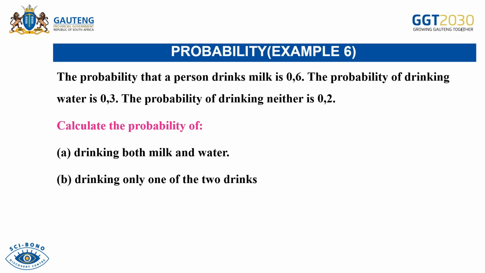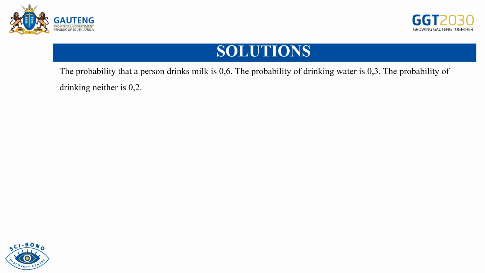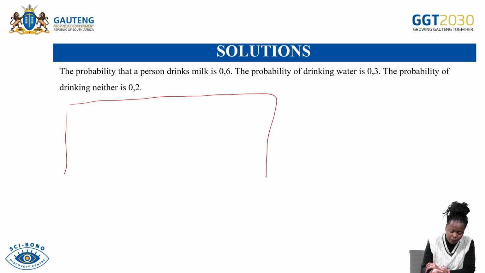So I want you firstly to draw the Venn diagram for me. So the probability that a person drinks milk is 0.6 and the probability of drinking water is 0.3. The probability of drinking neither is 0.2, right? So I said you must do the Venn diagram first so that your work is easy.